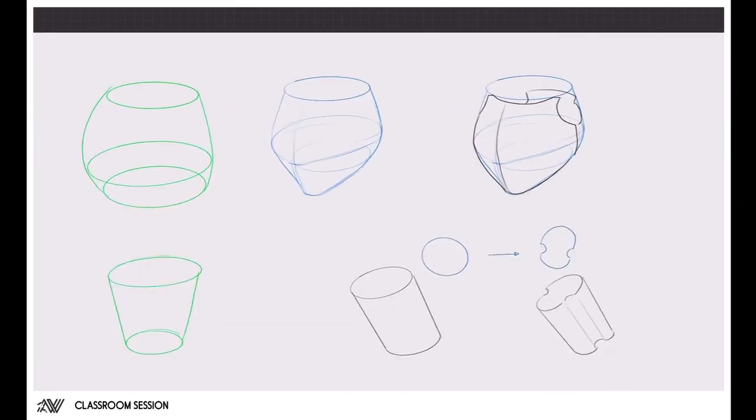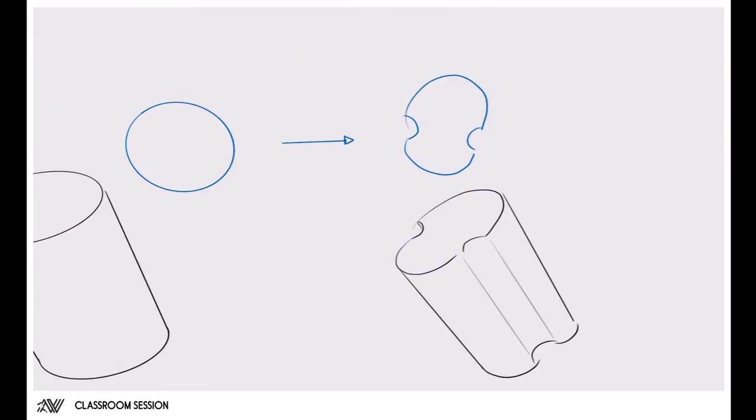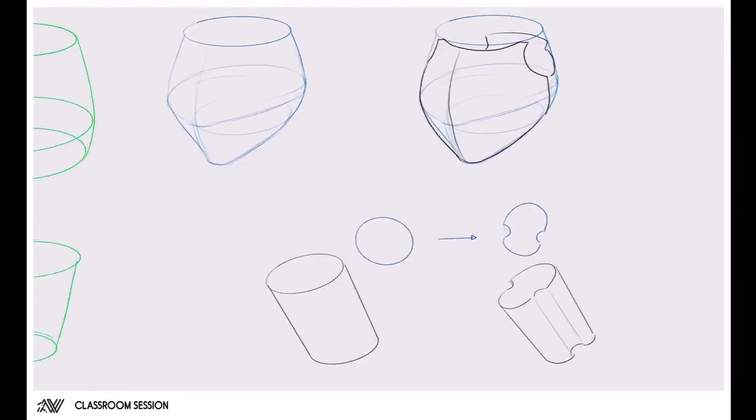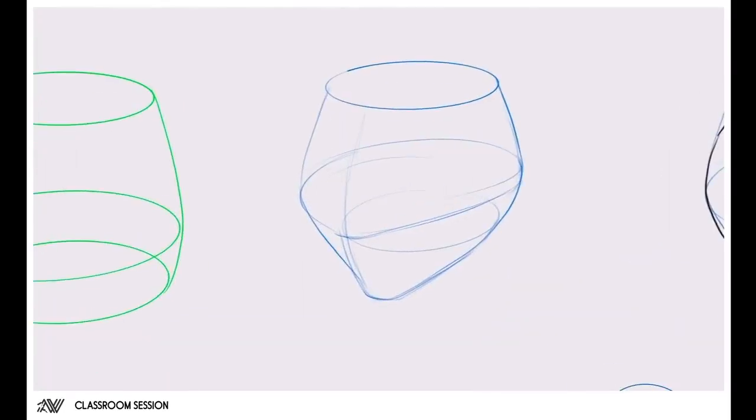So first go from just manipulating the contour straight across, and then try if you can manipulate that contour with varying sizes and varying shapes, and see what that resulting form becomes.